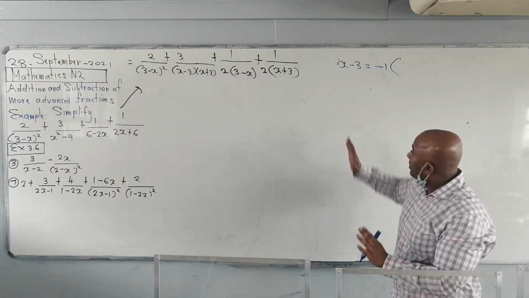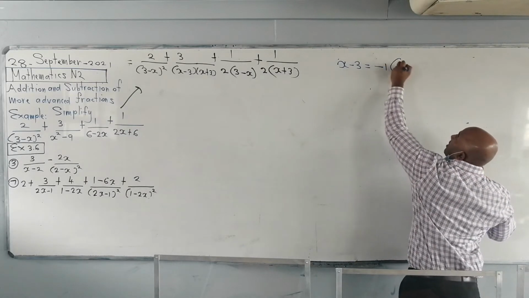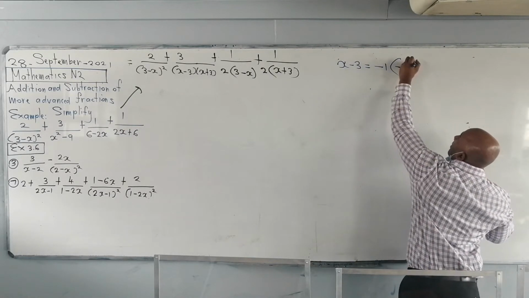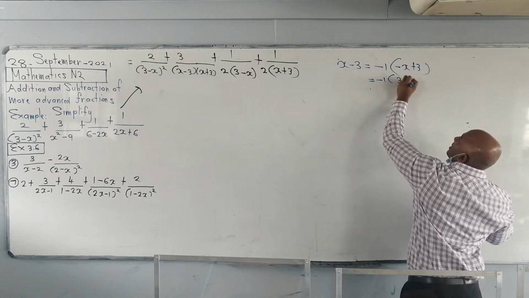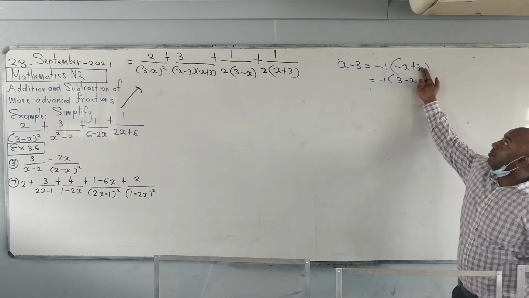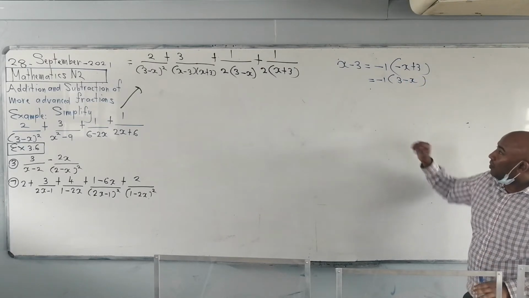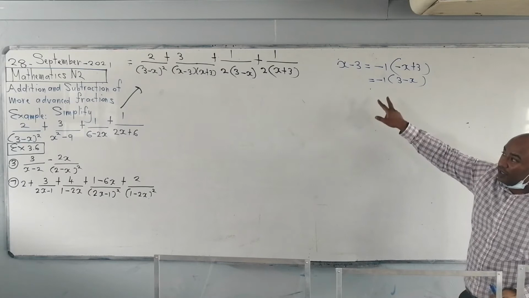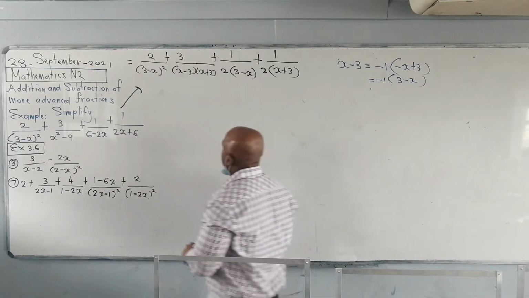I'm just showing you. Take out minus 1 as a common factor, so x will become minus x, minus 3 will become plus 3. So this becomes 3 minus x. It's the same 3 here. It's the same minus x. I didn't change it. Now, I'm going to look for all the x minus 3's. Change them first.